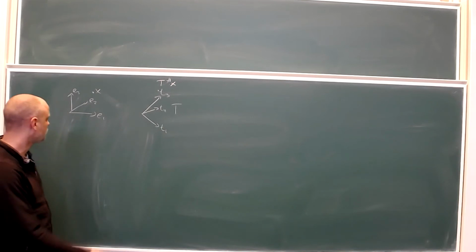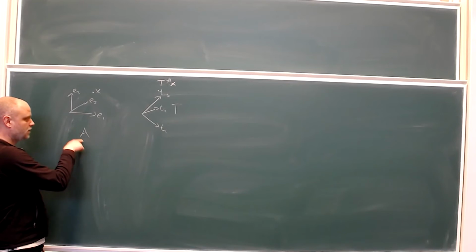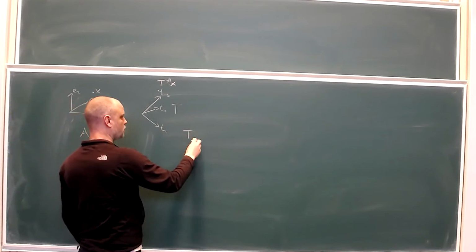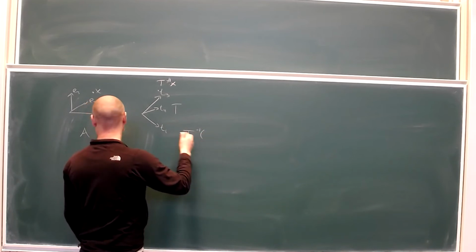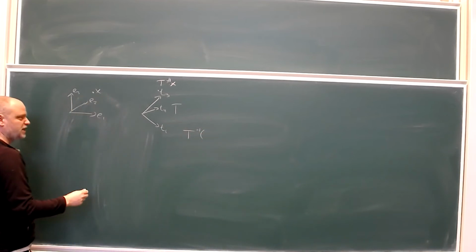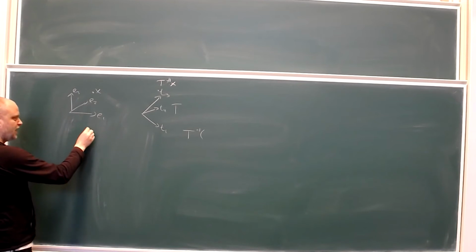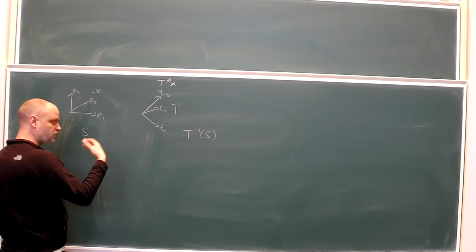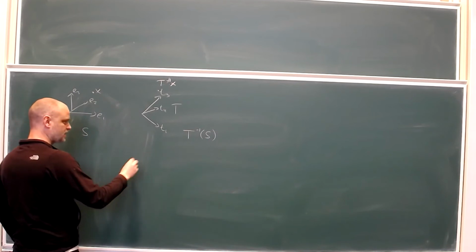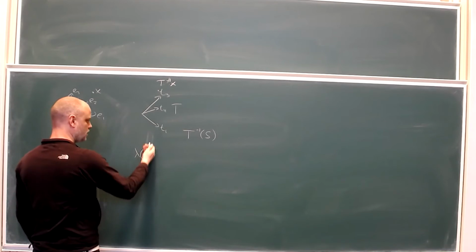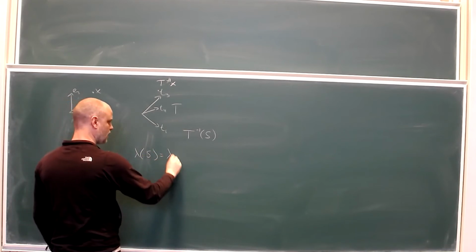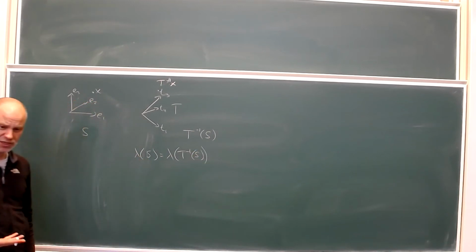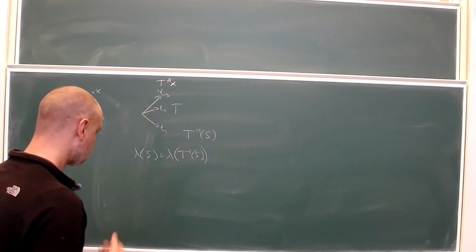So basically what I need to know is that if I take a set here, and then this gets transformed to T minus 1... Oh, A was a bad notation because that's our matrix. But S then, before I do this argument, I need to know that lambda of S is equal to lambda of T minus 1 of S. So this change of basis doesn't change the size of things.